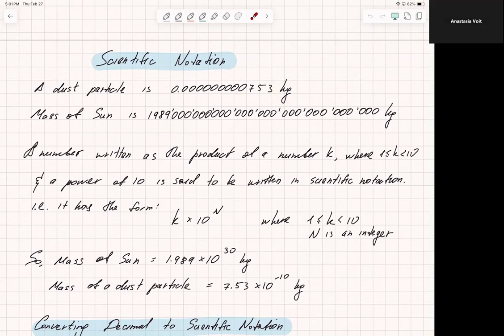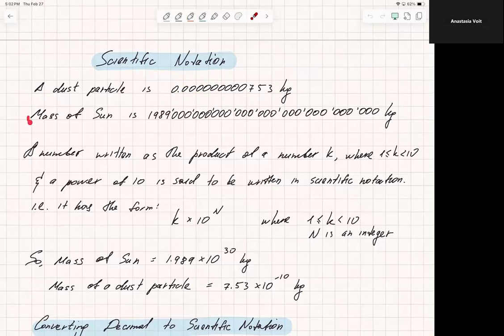So we would have 0.00000, many times zeros, 753. So it is not really convenient because the person who's reading your report, for example, would need to count how many zeros you have to have an idea of the exact mass of a dust particle.